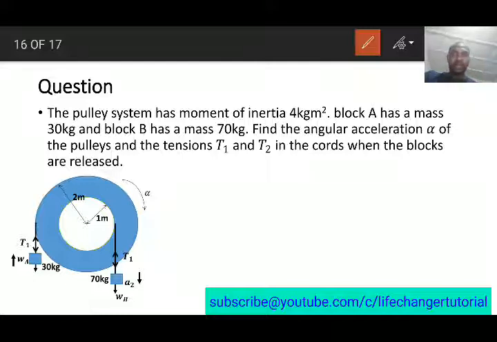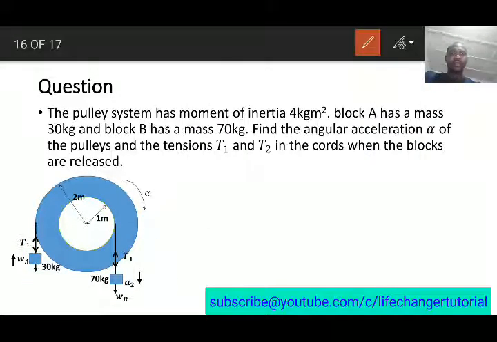In a pulley system, especially when you have masses on both sides, the larger mass controls the movement, the acceleration. Obviously, 70 kilograms is bigger than 30 kilograms, so the motion is going to be downwards this way, and here the motion is going to be upward this way, exactly as seen in the diagram.